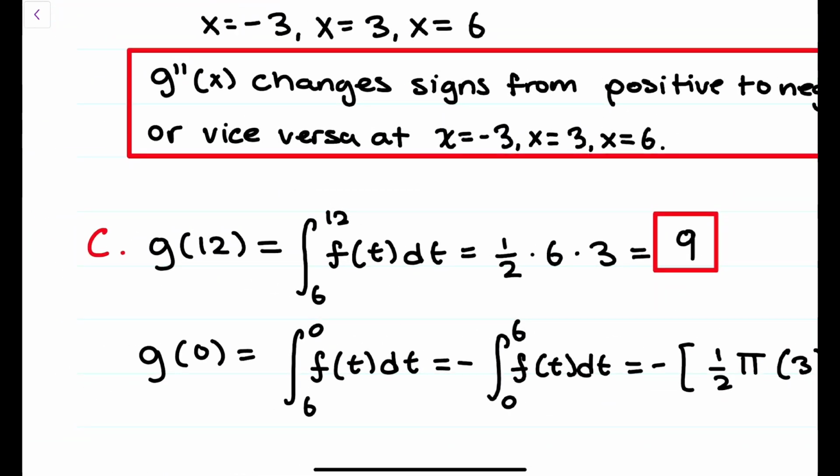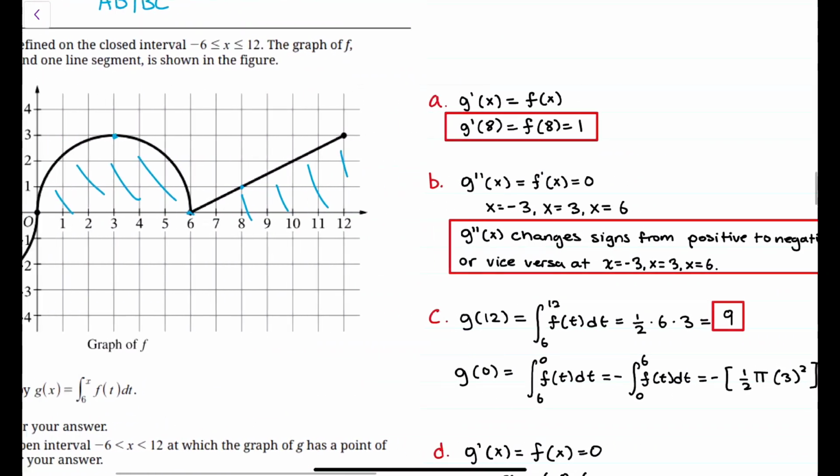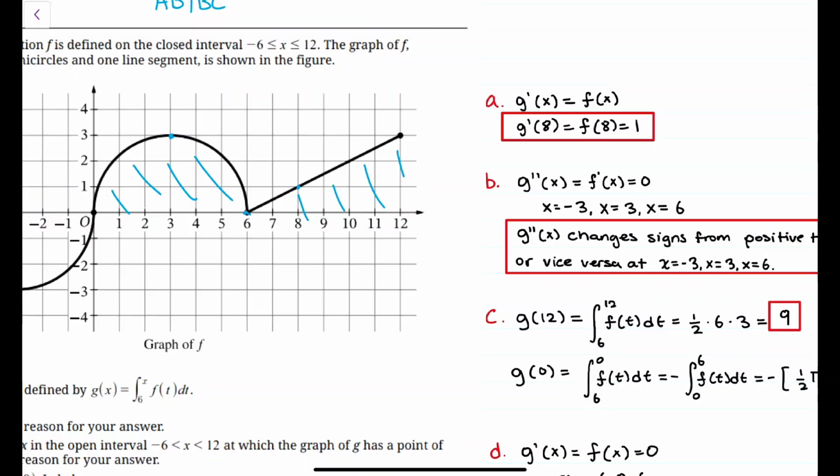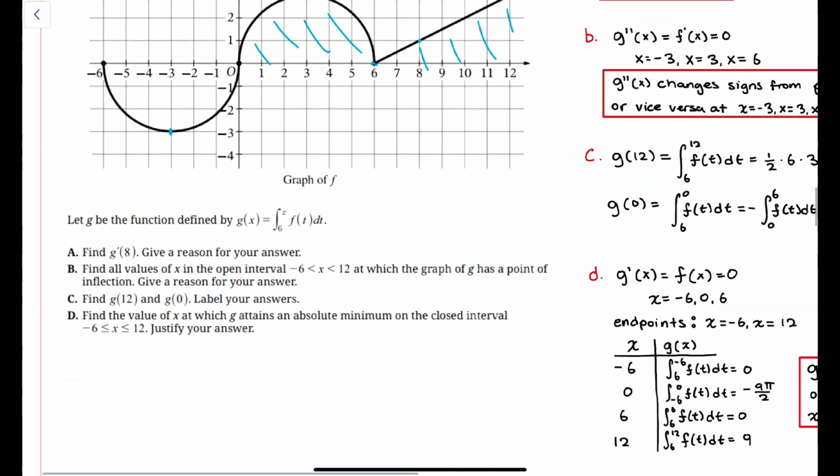I flipped the boundaries and then made the integral negative so that it's a bit easier. So the formula for that area is 1/2 pi r squared, and it's negative since I flipped the signs. The radius is 3, so you get negative 9 pi over 2 for g of 0.